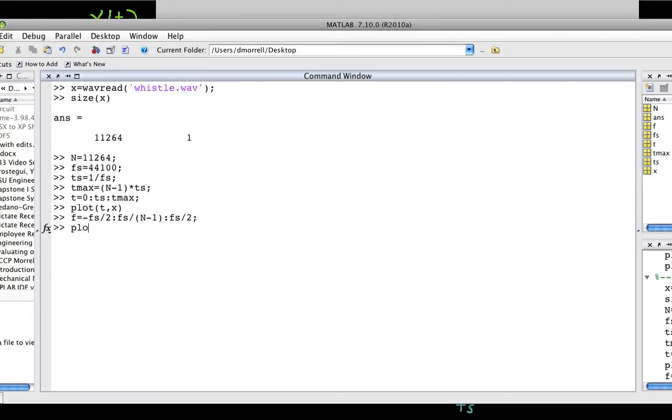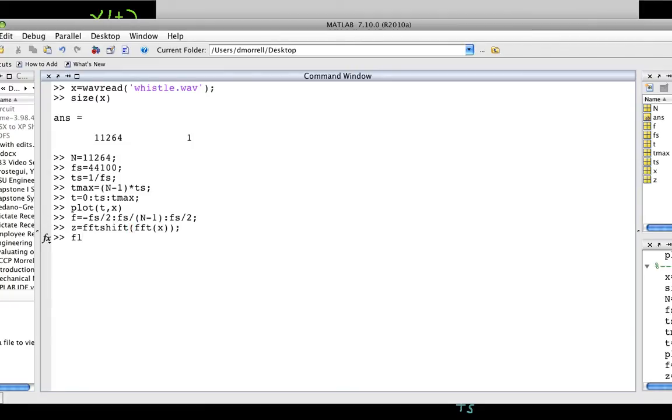Now we have to take the discrete Fourier transform of x. I'm not going to spend a lot of time explaining why I do it this way. I'll call the Fourier transform z, which is fftshift of fft of x.